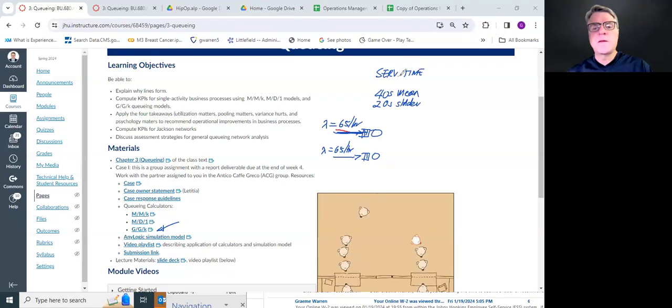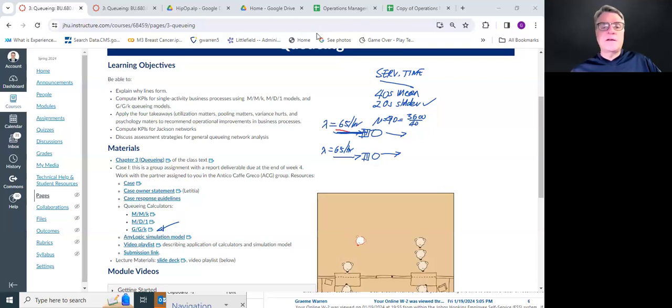I'm going to convert that to a rate. The rate here would be 90 per hour. How do I get that? It'll be 3,600 seconds in an hour divided by the 40-second mean. The standard deviation is irrelevant for that. And then they leave. That's true for both of these.